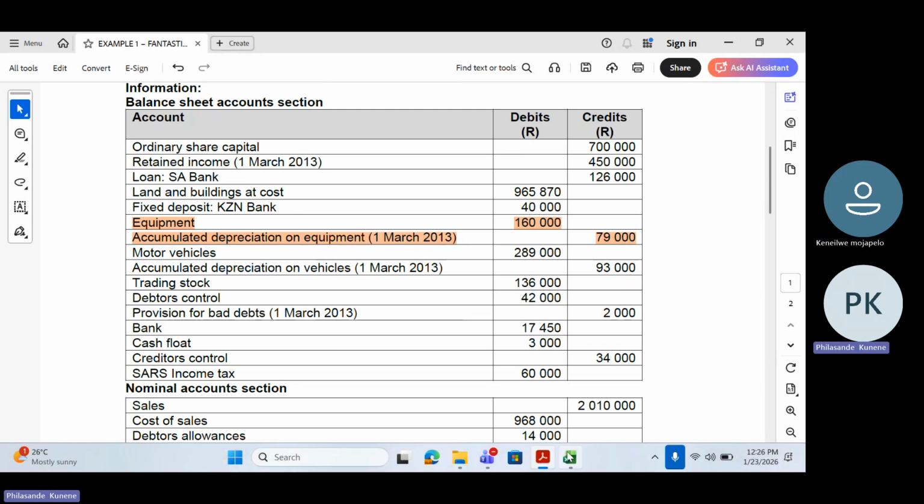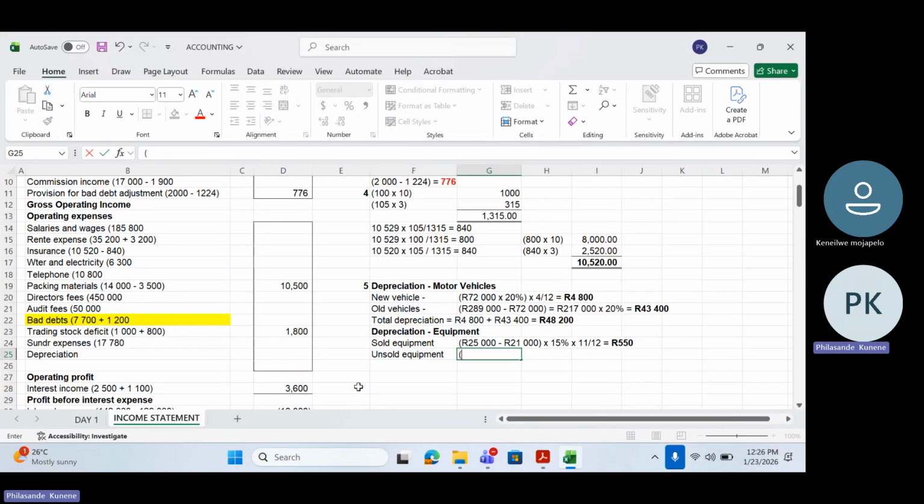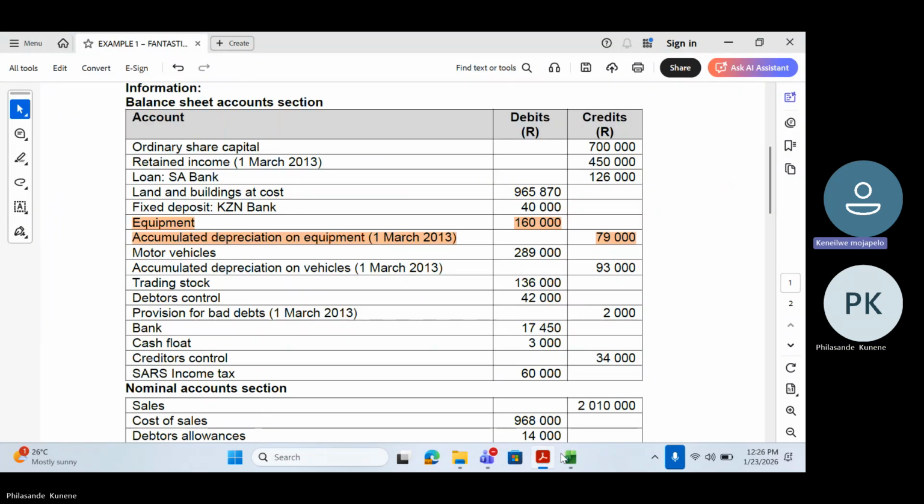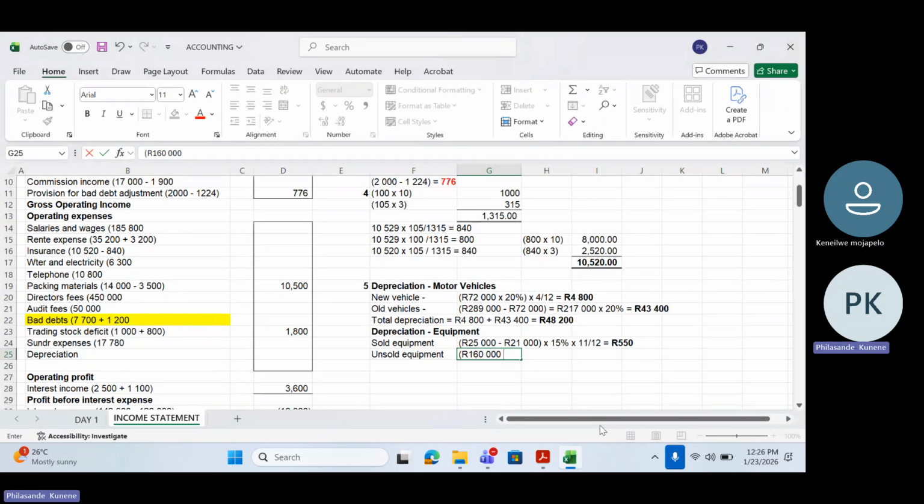Yes, that's our starting point. And then we're going to subtract the accumulated depreciation of how much? 79,000, right?